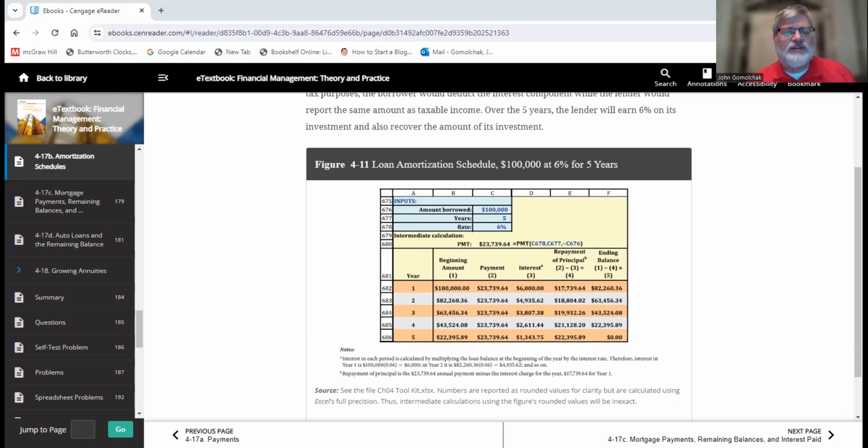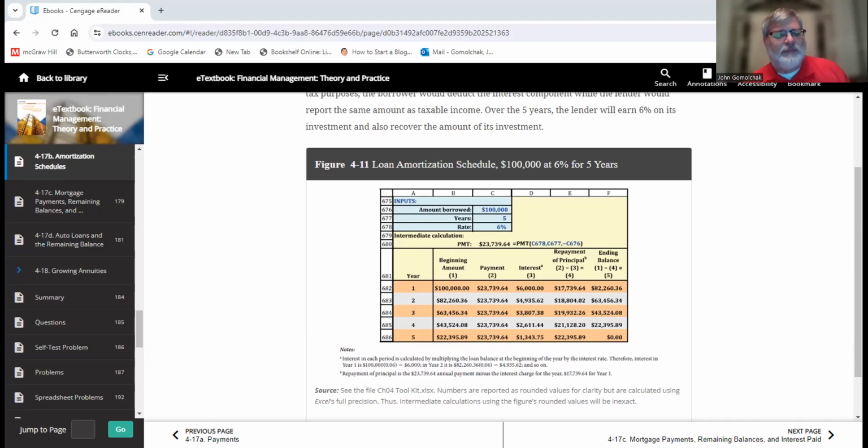The principal payment, since we've calculated the interest payment and we know what the payment itself is going to be, is a simple function of subtracting the $6,000 from the $23,000 payment. So it's C228 minus D228, giving us our principal payment. This is easy enough.